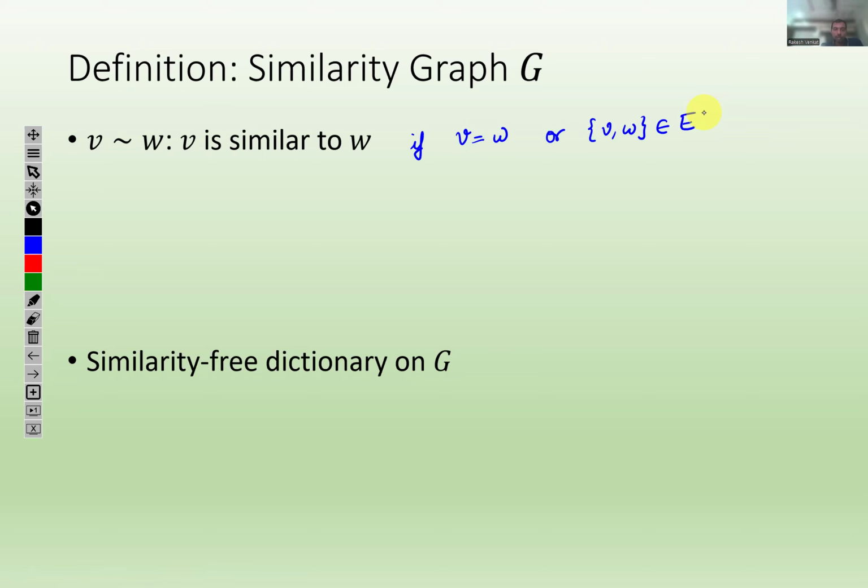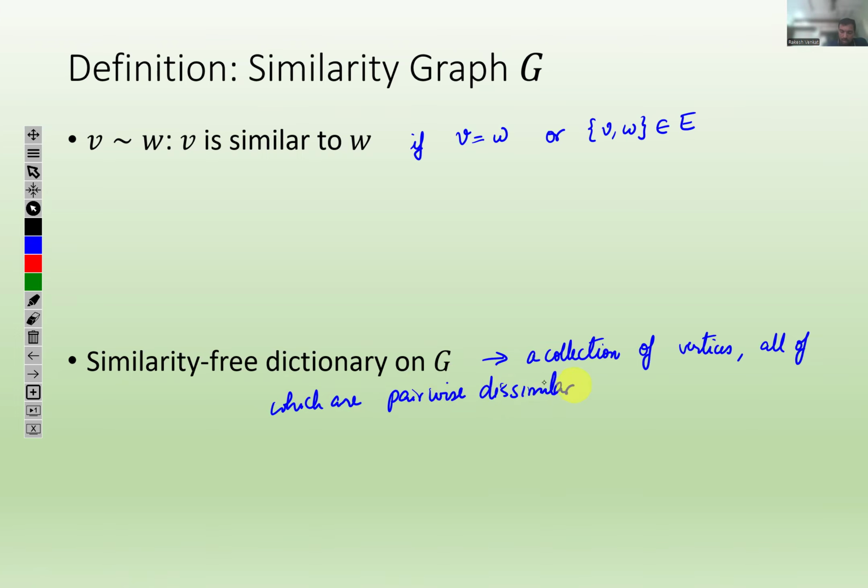And what we are looking for is a similarity free dictionary on G. I'm calling it a dictionary because it's a collection of words. A similarity free dictionary is a collection of words all of which are pairwise dissimilar. Or in other words, it's just the maximum independent set. That's all.